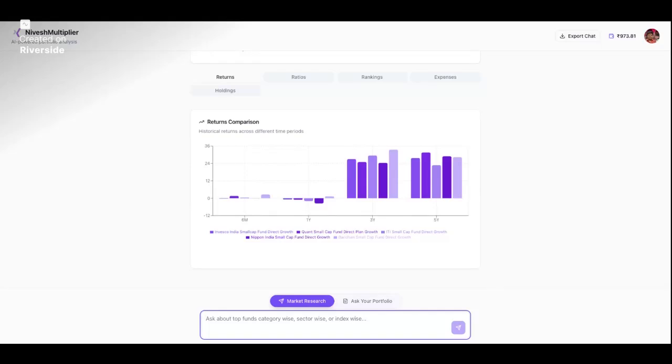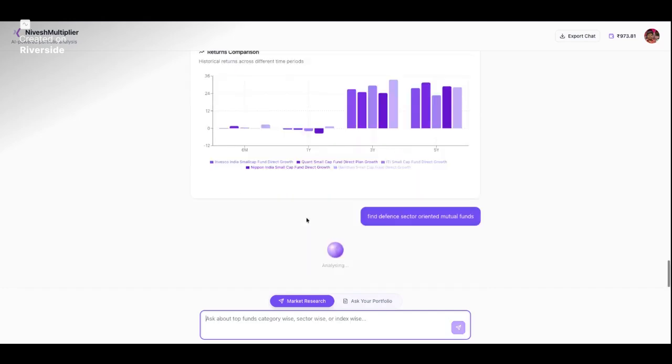If I want to find out domain wise which mutual fund is investing in the defense industry, I would simply say find defense sector oriented mutual funds, and it would get all the data, do the data crunching, and go to the LLM to form a high quality answer.